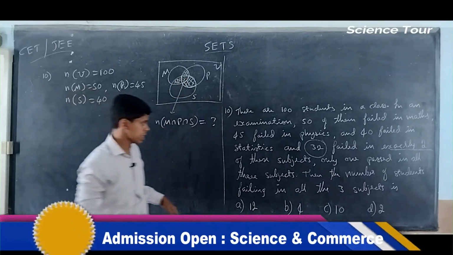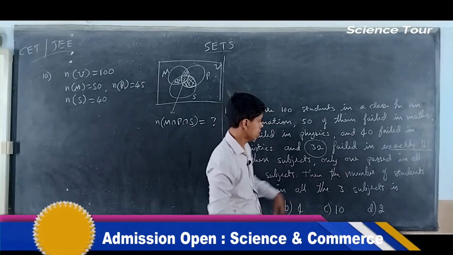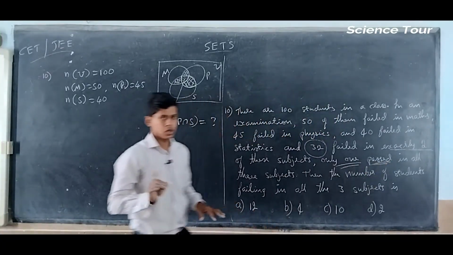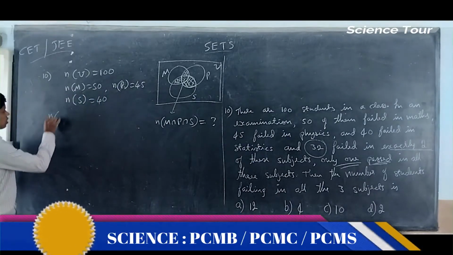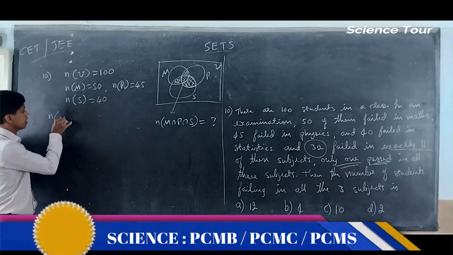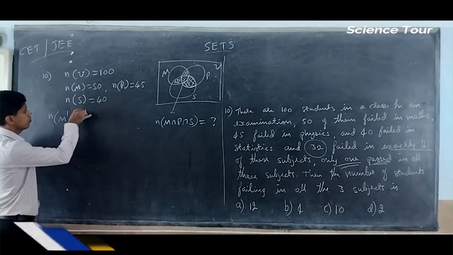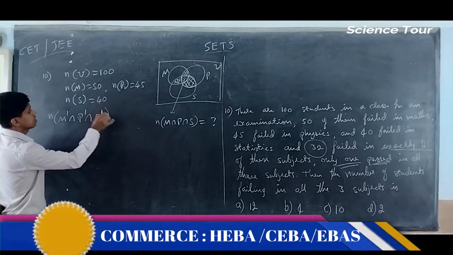Now, one more thing that we have not checked. See, only one passed, not failed, passed. So what is it? He did not fail in maths, and he did not fail in physics, and he did not fail in stats.